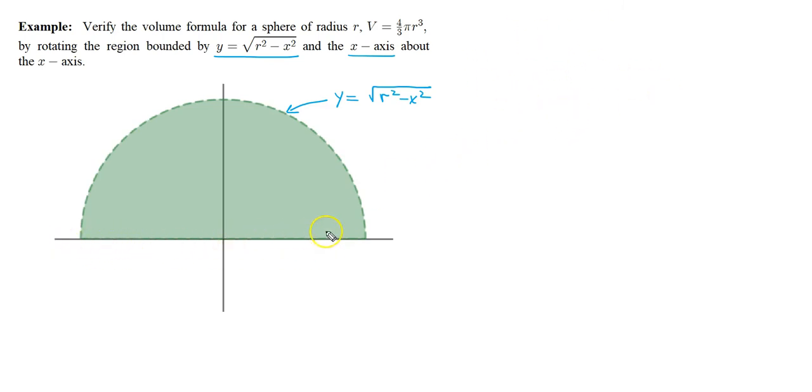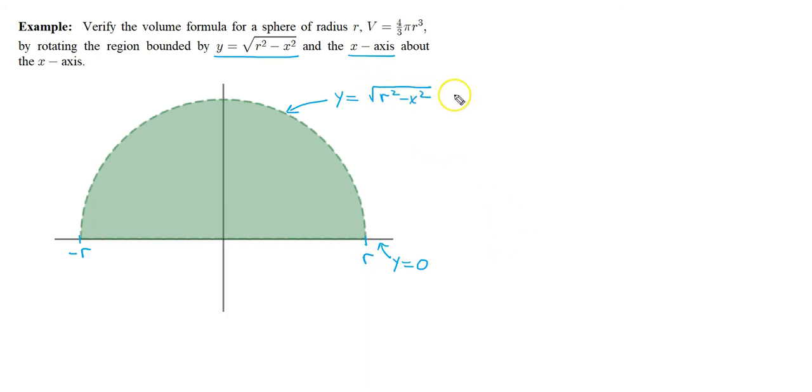Now right here is the x-axis, of course. That's the curve where y is equal to 0. Now our limits of integration, well, you notice that if we set y equal to 0 here and solve for x, the x can be plus or minus r. So there's negative r, and out here is positive r.